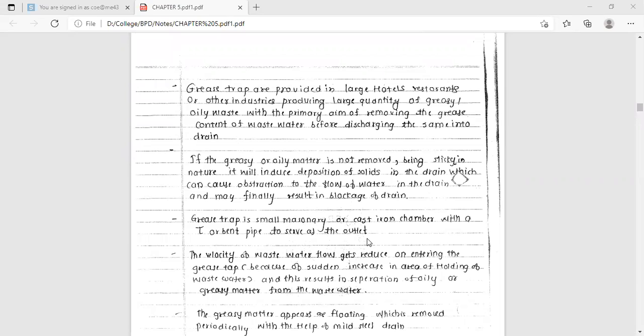The velocity of wastewater flow gets reduced on entering the grease trap because of the sudden increase in area of flow of wastewater, and this results in separation of oily or greasy matter from the wastewater. Okay, for that purpose, at the inlet only, the velocity gets reduced. Then the greasy matter appears as a floating layer, which is removed periodically with the help of a mild steel drain.